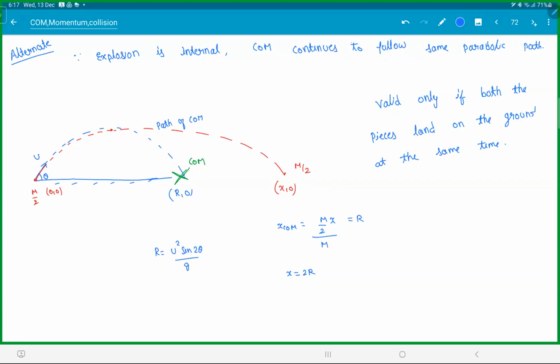The question is good, but most of you answered it. You see which one you did. If you had used the alternate method, you should be clear. This is what will happen.